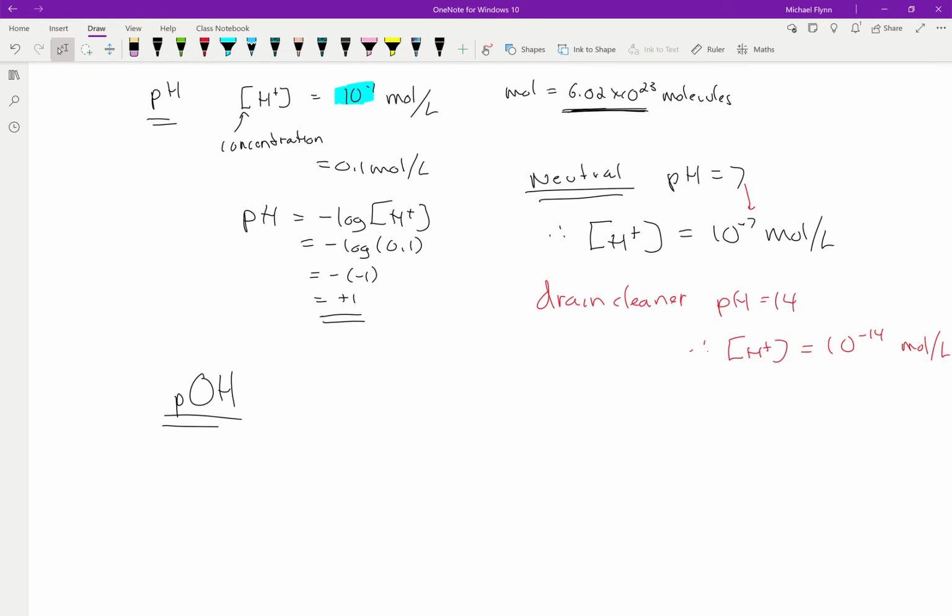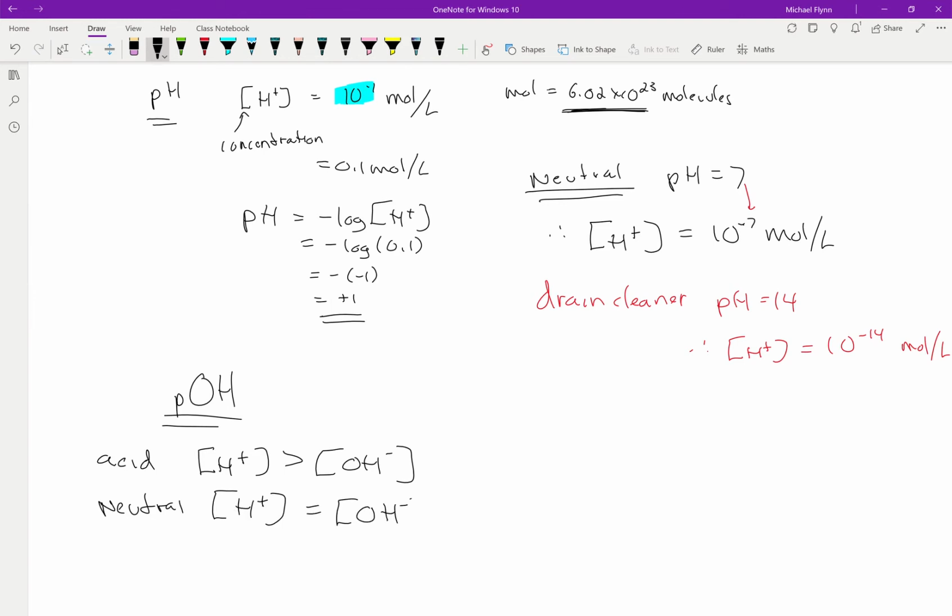So if it's an acid, the concentration of H plus is greater than the concentration of OH minus. If it's neutral, the concentration of H plus is equal to the concentration of OH minus, right?